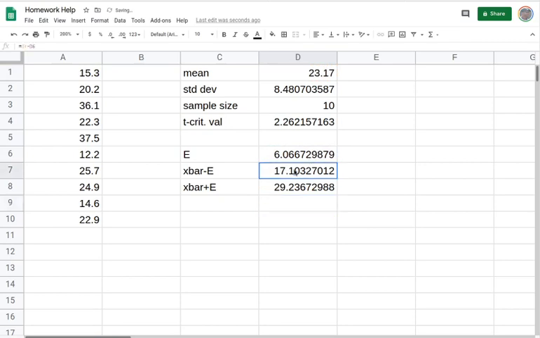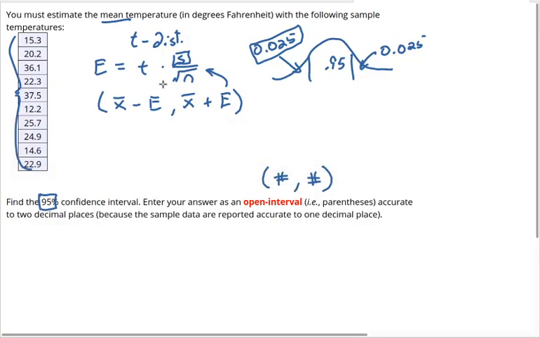And here are the upper and lower numbers. Sorry, I said that backwards. The lower number and the upper number for my interval. So let's use 17.10 and 29.24. So my answer would be 17.10 and 29.24 for the upper number.